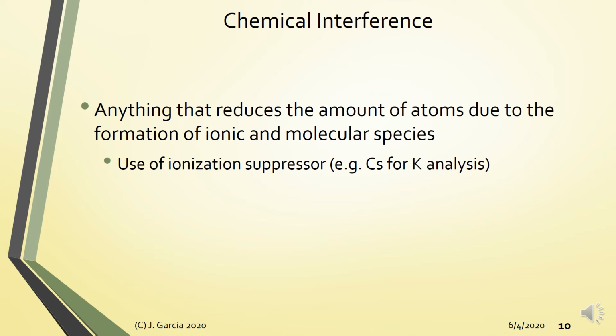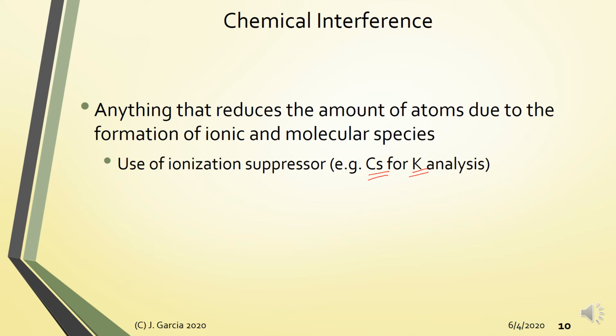First is for alkali and alkaline earth metals. They are very prone to ionization, so what you can do is use an ionization suppressor. For example, if you're analyzing potassium, you can add a little bit of cesium. Why does cesium act as an ionization suppressor for potassium?